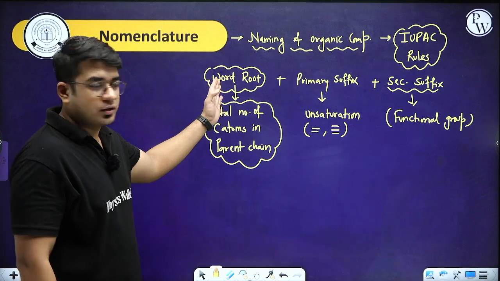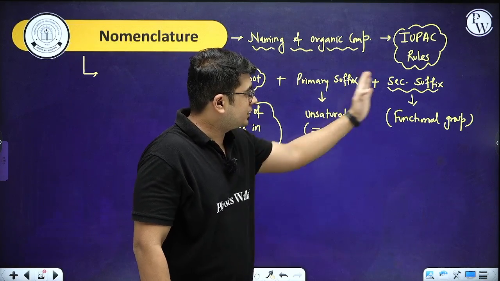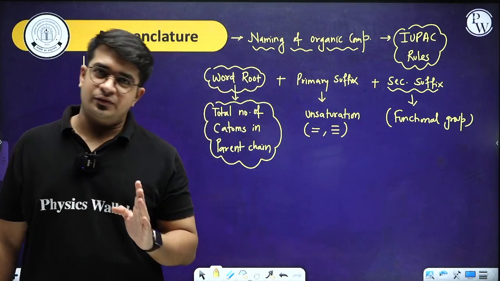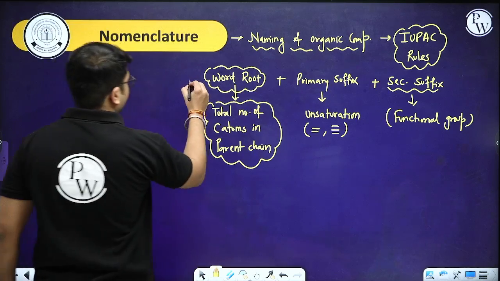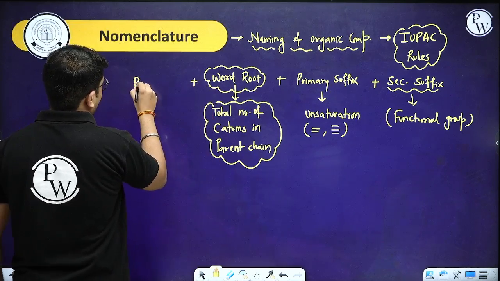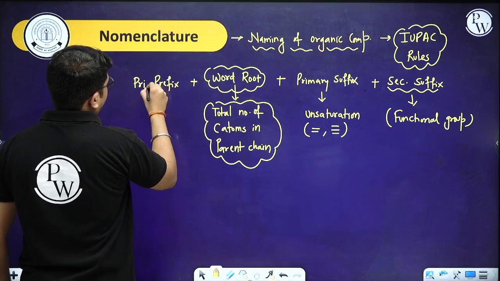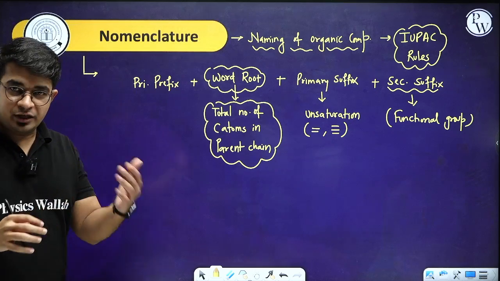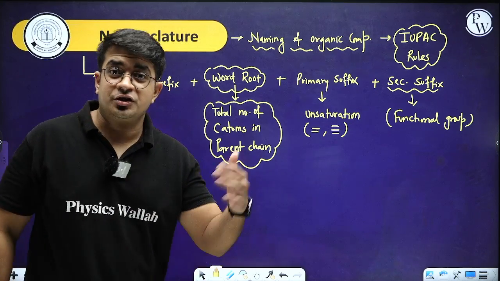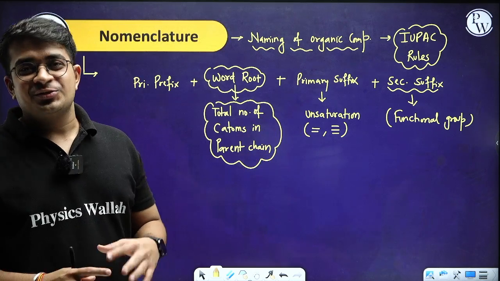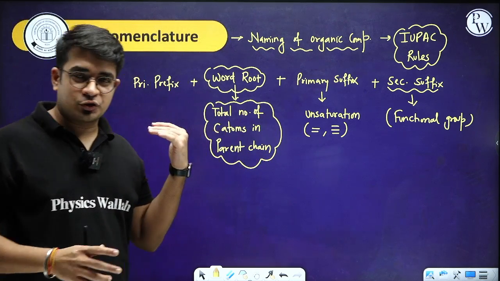So we have the word root, then the primary suffix, then the secondary suffix. Just like that, we have the primary prefix. Prefix means Shri, Sir, Shri Shri 1008. This is the starting portion of a particular name.